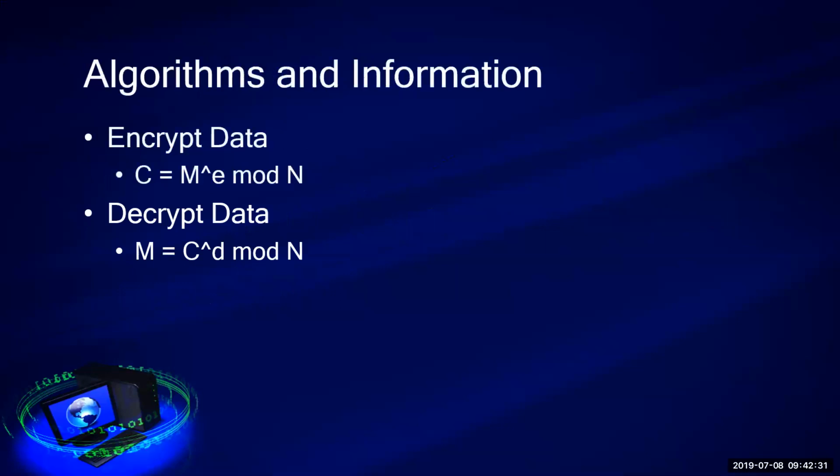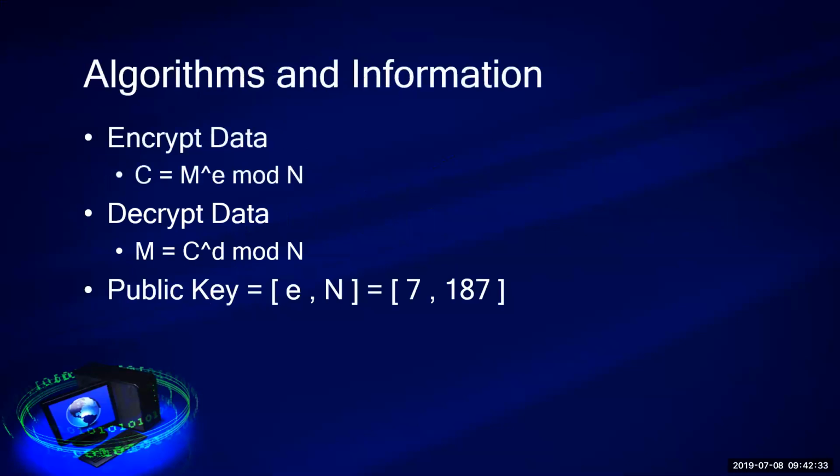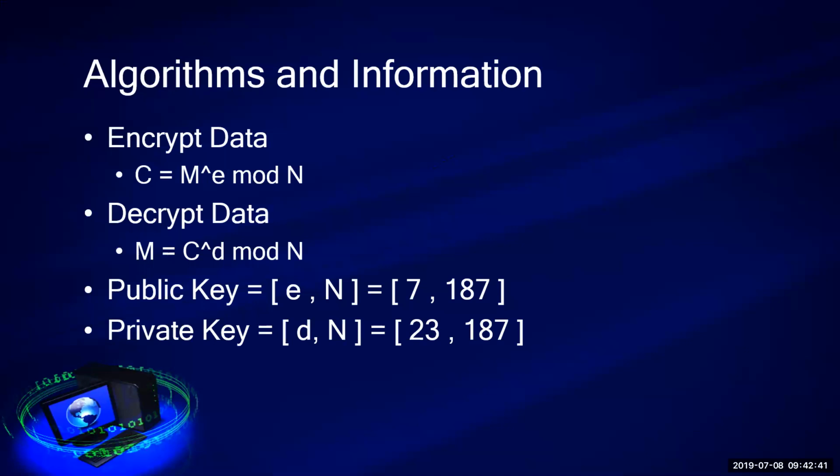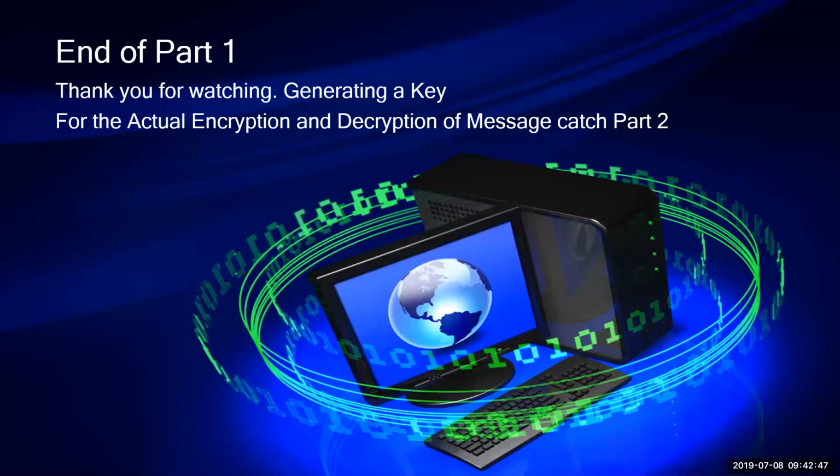And just to look at, we've got our public key, which is e comma n, which is 7 comma 187. And then we have our private key, which is d comma n, which is 23 and 187. So this is part one. This is the end of generating a key, or keys in this case.